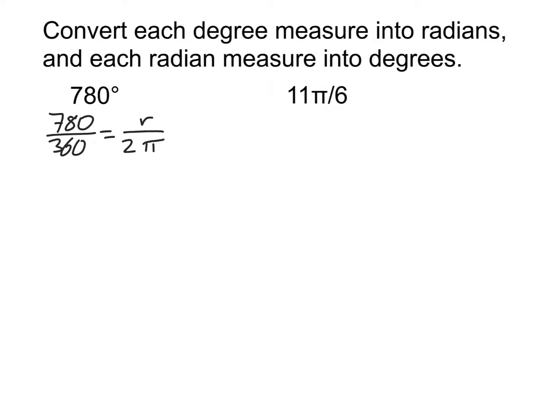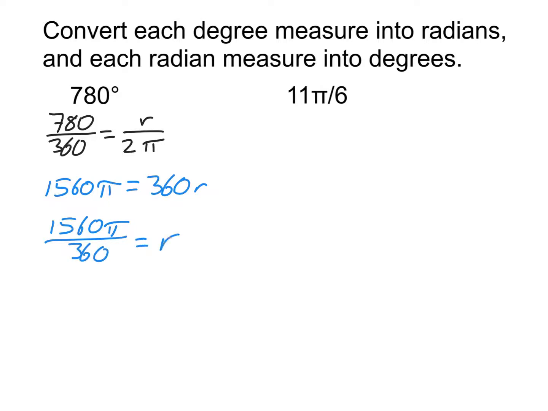Now that we have that set up, we go ahead and cross multiply. That gives me 1560 pi equals 360r. And then we divide both sides by the 360. And now that we have it written as a fraction, we just reduce that fraction. And then that reduces down to be 13 pi over 3.